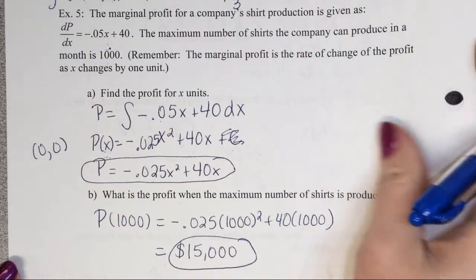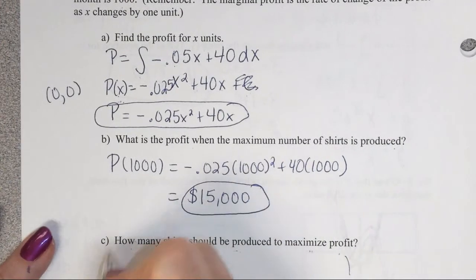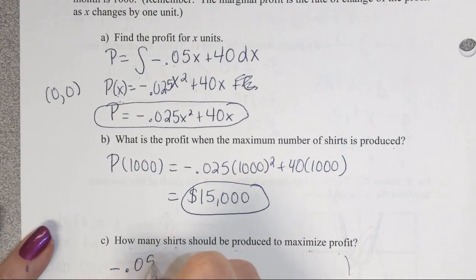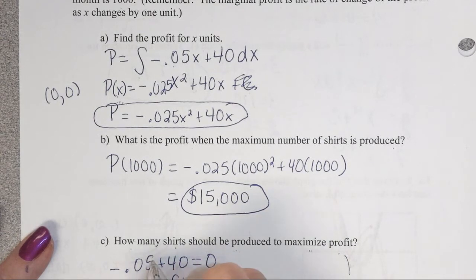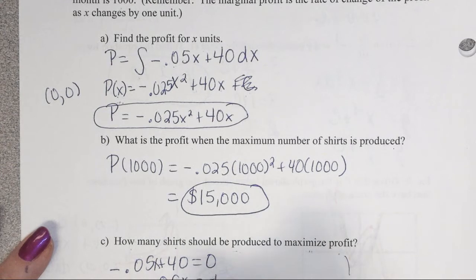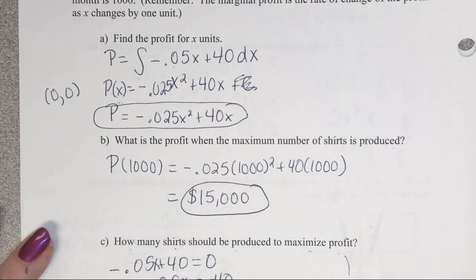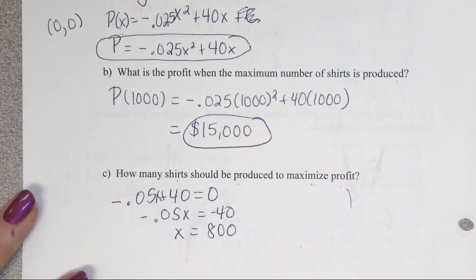So I have to just take that first derivative that I already know and set it equal to 0. So that's going to give me this. I'm going to get x equals 800.